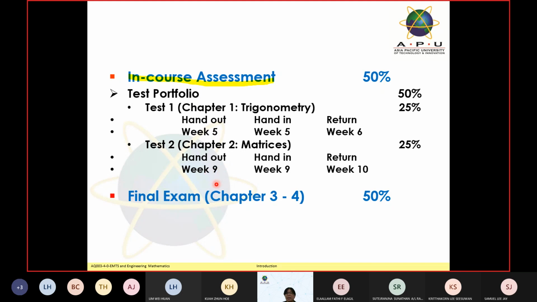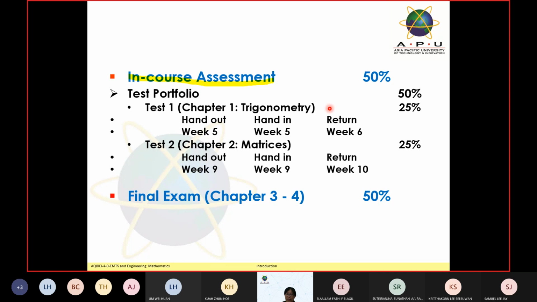For each topic, we spend about 3 weeks to get it done. So when it comes to week 5, it's already 1 or 2 weeks after we finished trigonometry. For matrices, it's also about 2 weeks after we have done the topic, then we have test 2. So students should have enough time to prepare for the test.